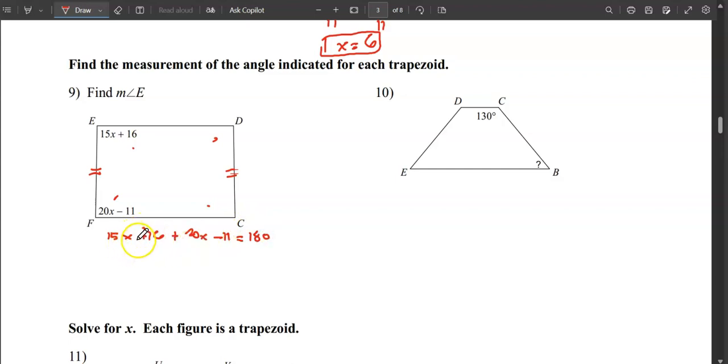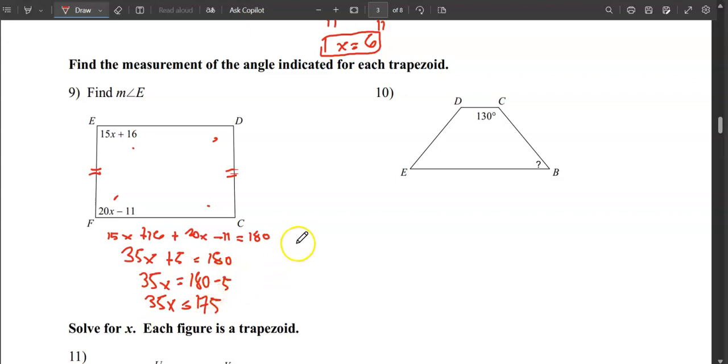So let's try to combine like terms. So we have 15x plus 20x will give us 35x. 16 minus 11 will give you 5 equals 180. And then we have 35x equals 180 minus 5, or 35x equals 175.